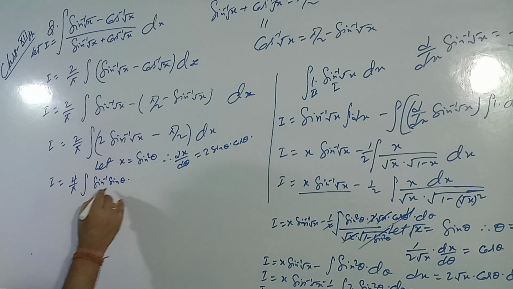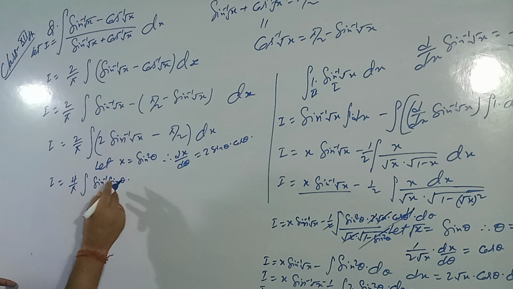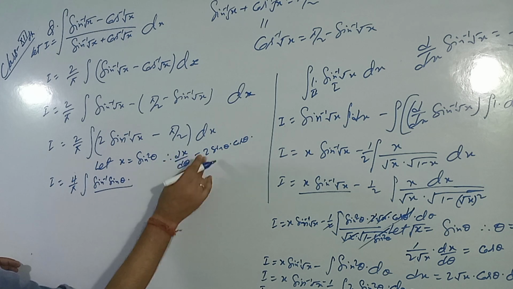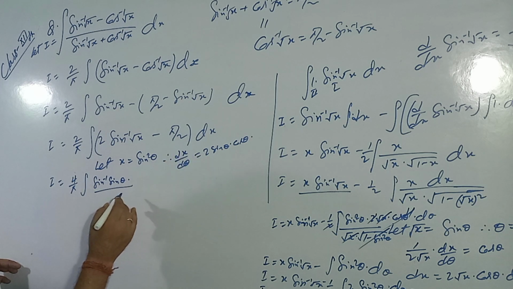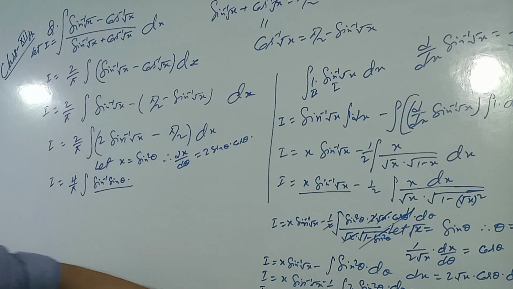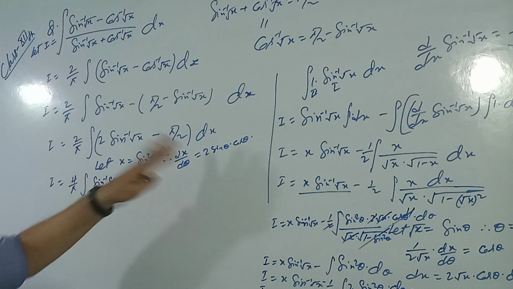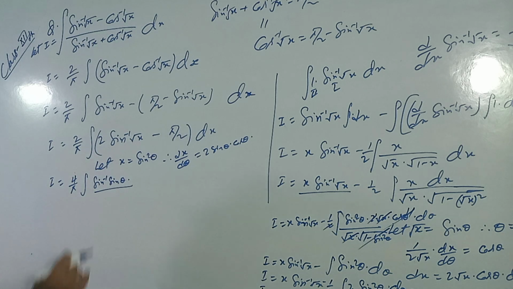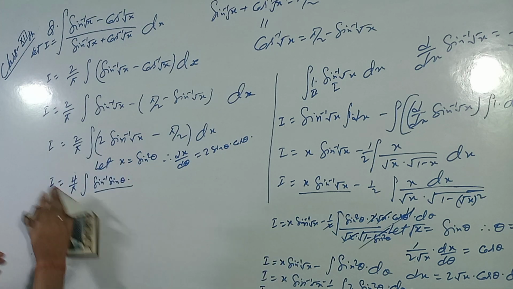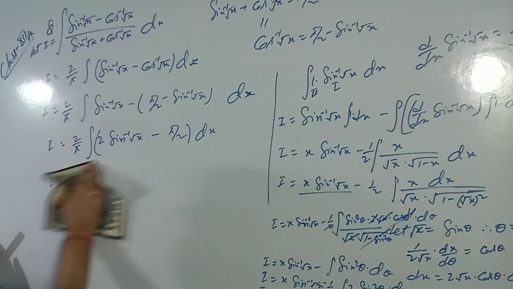So this is dx equals 2 sin theta cos theta d theta. This is the value being put in, and the answer is right, but this is another method that can also be used to solve it, because this value is substituted first and then the other method is applied.